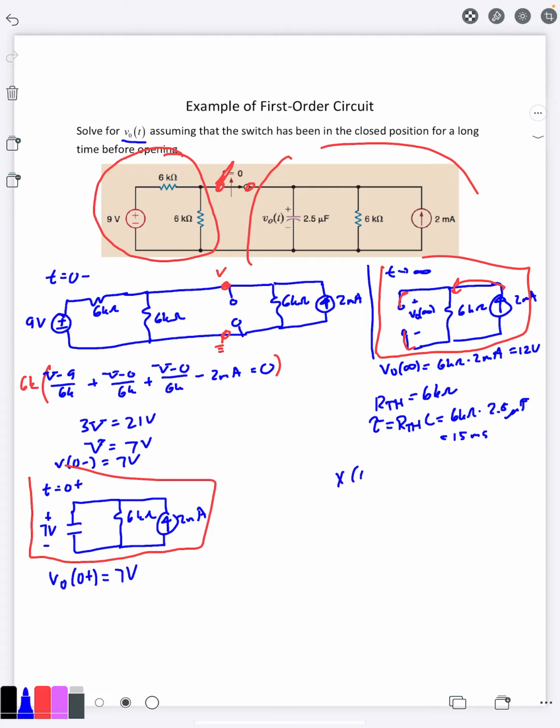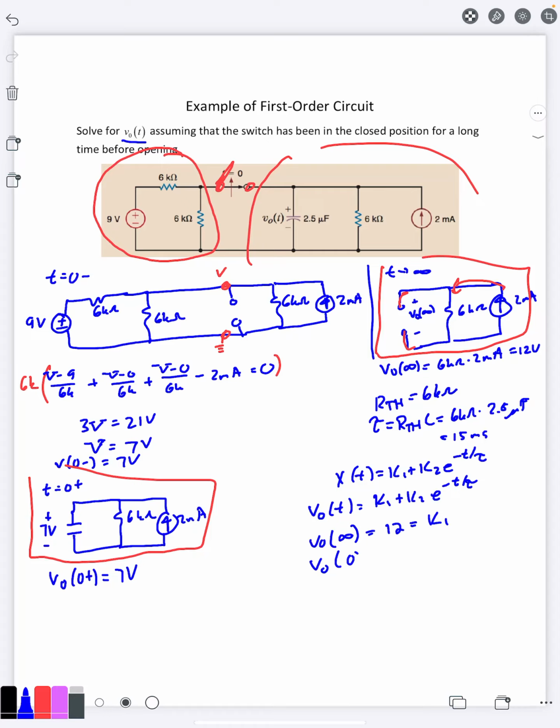So we know our answer is going to be x of t is k1 plus k2 e to the negative t over tau. The function we're looking for here is v0 of t, k1 plus k2 e to the negative t over tau. We know if you plug in infinity, it's going to work out to be 12 volts. Plugging in infinity gives you your k1.